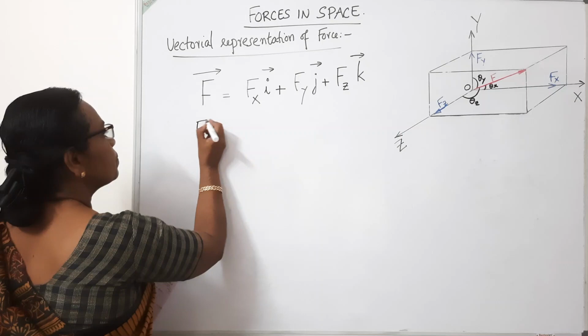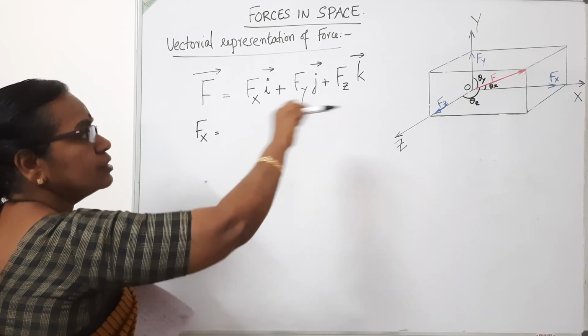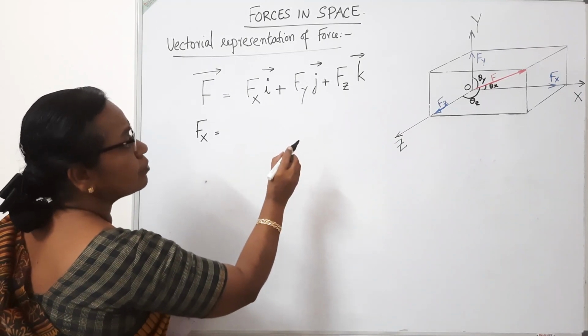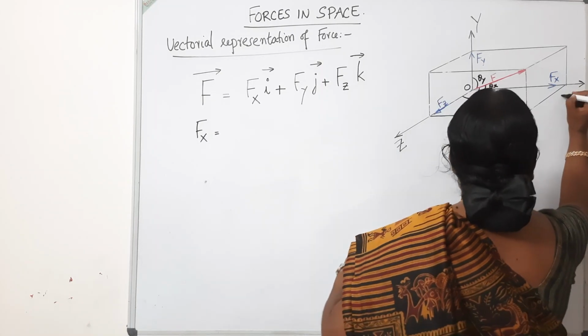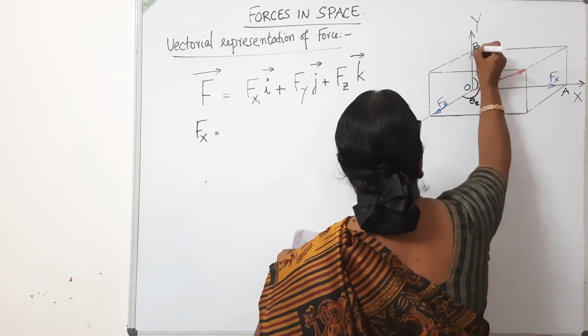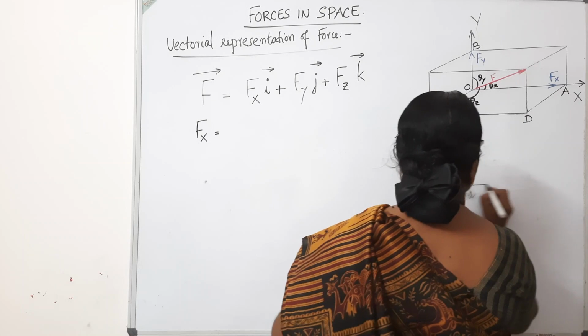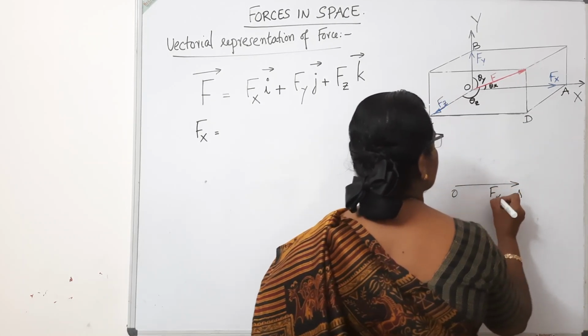Now what is this Fx? Fx is the horizontal component of the force, or the component of the force in the x direction. If I mark this as A, say this is B, this is C, and this is D, then OA is Fx.